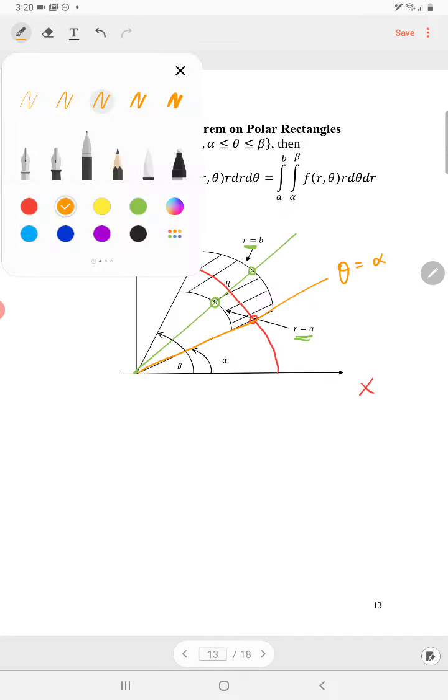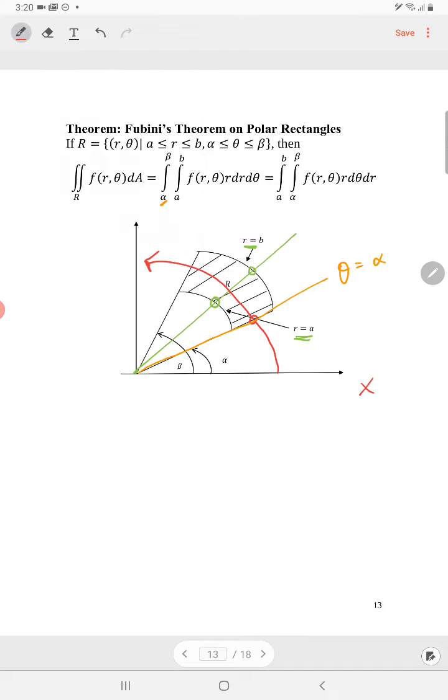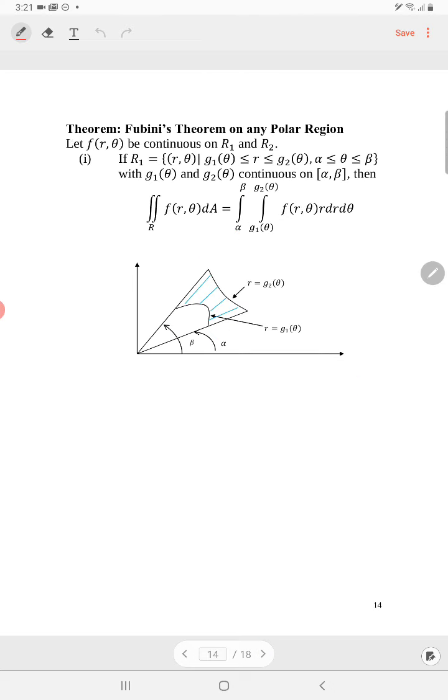And it crosses last at this line here, where theta is equal to beta. So that would be the upper limit for theta. That's how you get the upper and lower limits for r and theta. This is the easiest region, because you can evaluate it either way, r first and then theta, or vice versa.